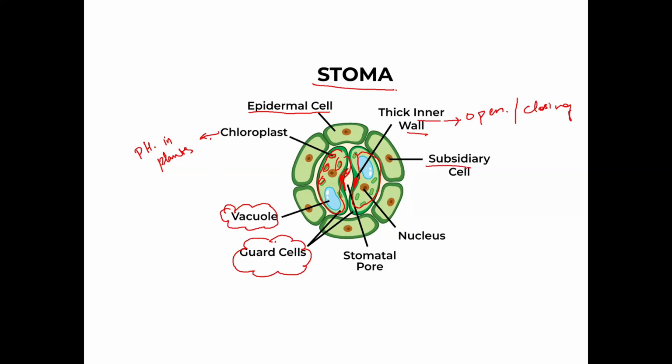whereas subsidiary cells or companion cells surround these two guard cells. In between the guard cells is a pore, called the stomatal pore. Each cell has its nucleus, as we know already. It's a diagram of the stomata, located on the leaves, on the upper and lower surface of the leaf both.